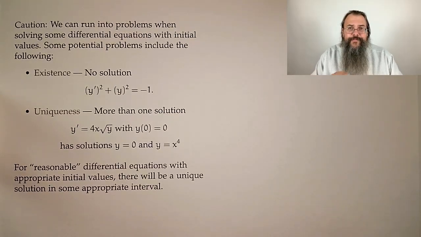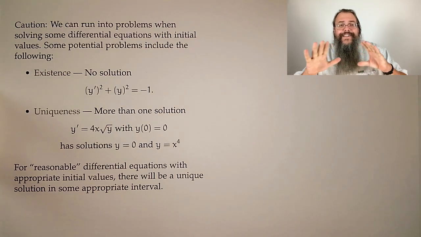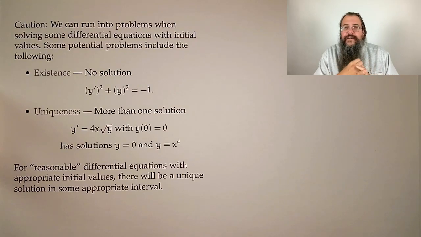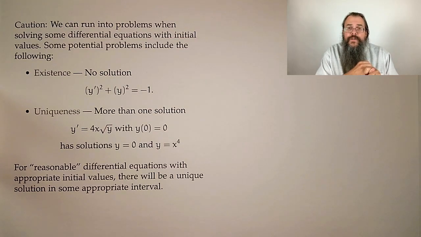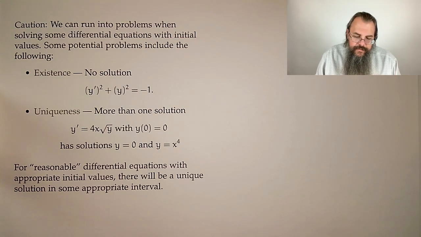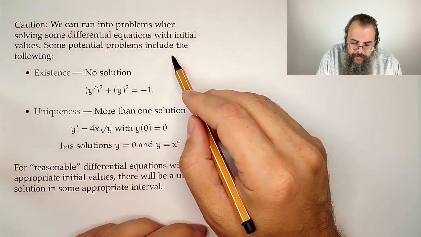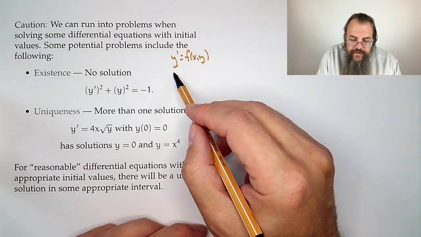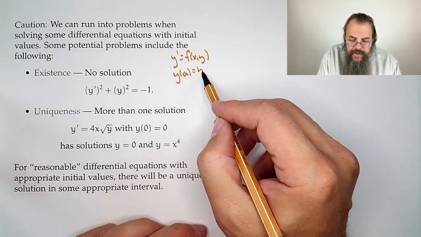And so we're going to talk about some problems we run into. What's the ideal thing? Well, the ideal thing is we have a differential equation, which means that, in particular, we have y prime is some function of x and y, and we have some initial condition y of a equals b.